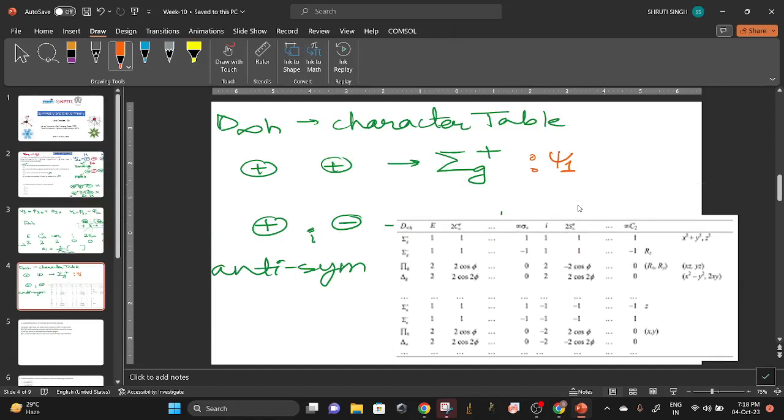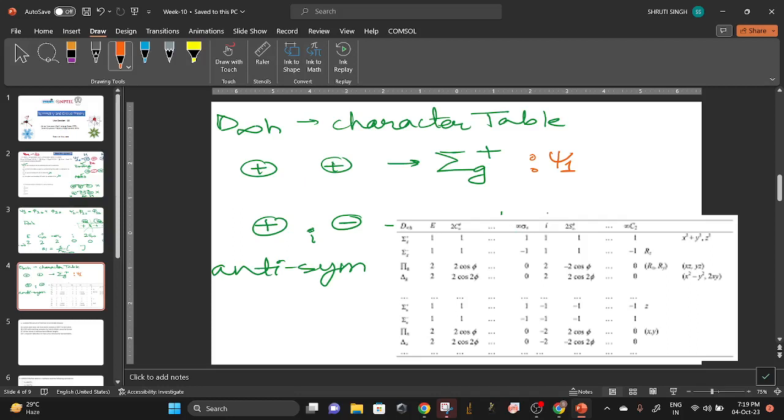If we see this character table, the first row is the totally symmetric one, to which this plus plus combination belongs. If we put E on this, it will give 1. If we put C infinity, nothing will change. For sigma v, nothing will change, the character will be 1. If we put I, nothing will change.